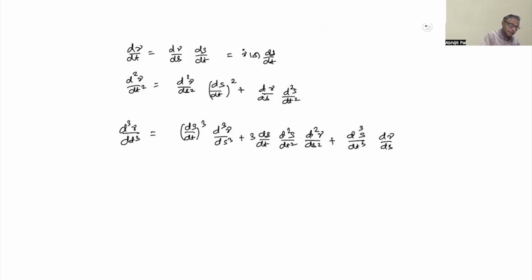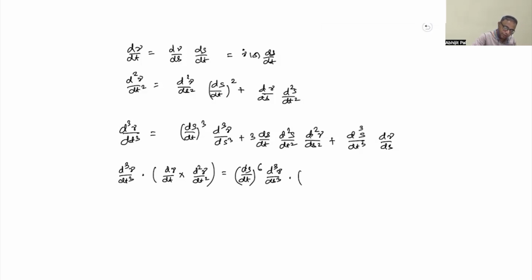And after some computation, what you can show is that d3 gamma dt3 dot product with d gamma dt vector product with d2 gamma dt2 is equal to (ds dt) to the power 6 times d3 gamma ds3 dot product with d gamma ds vector product with d2 gamma ds2.